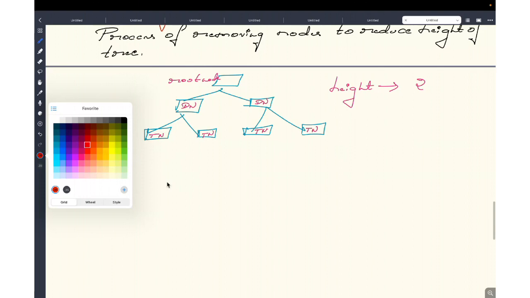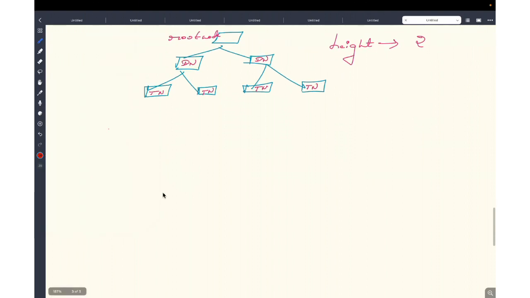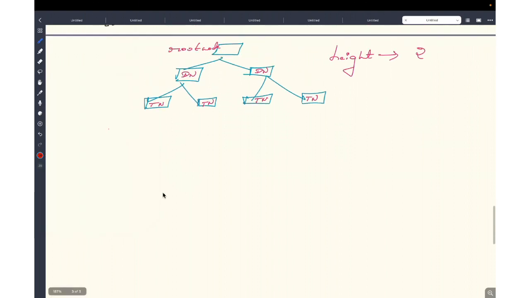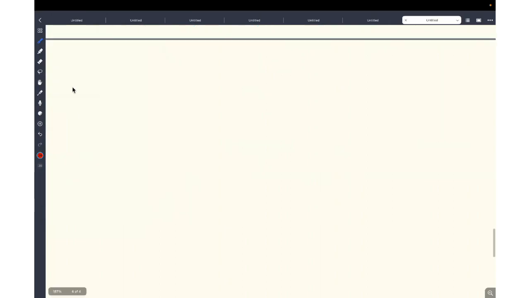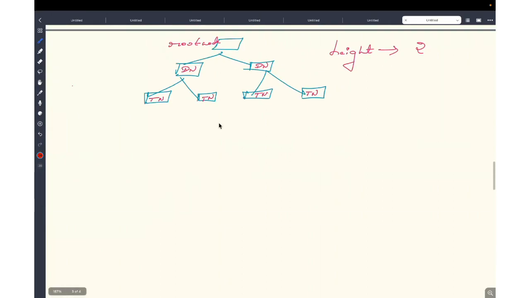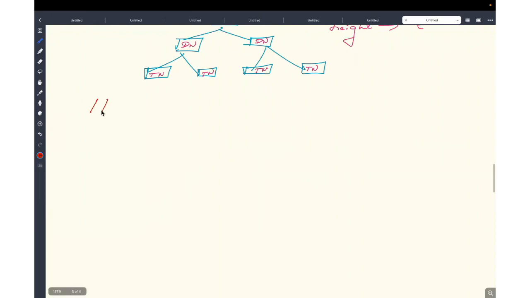Now, let me explain how a decision tree works and how a tree is constructed. Let me give a heading: how a decision tree works. Very simple. You'll have data.